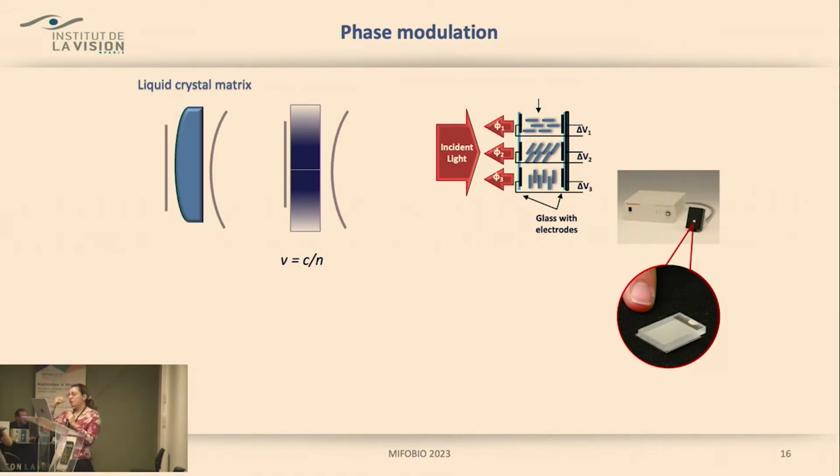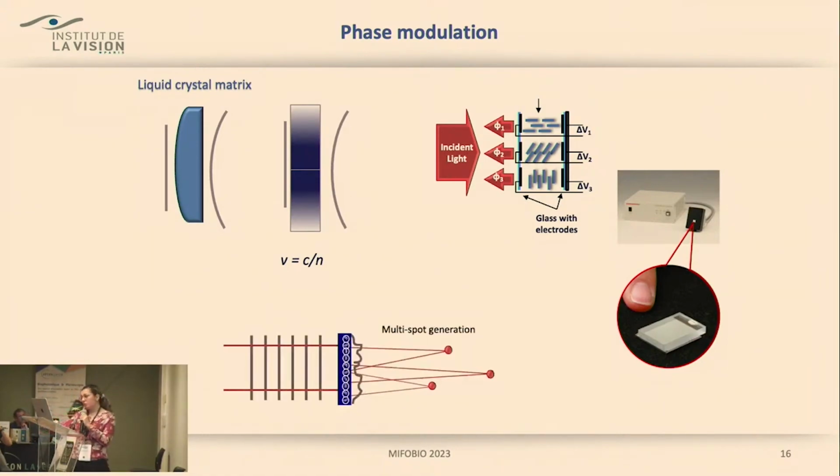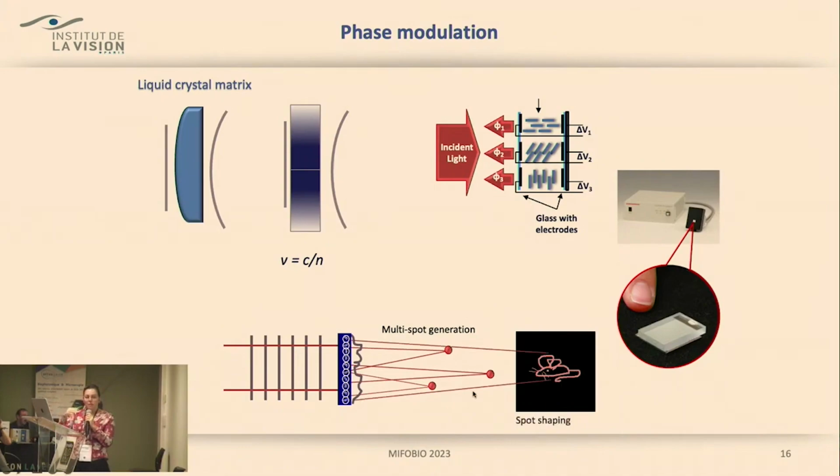By doing this for all the pixels of the SLM, at the end we have an arbitrary modulation of the phase wavefront of our beam that can give rise to different excitation patterns, either multiple diffraction limited spots or really arbitrary patterns that can be chosen on the basis of which areas we want to excite at the sample.